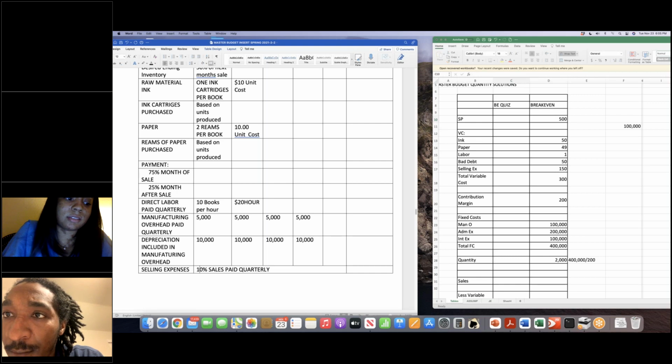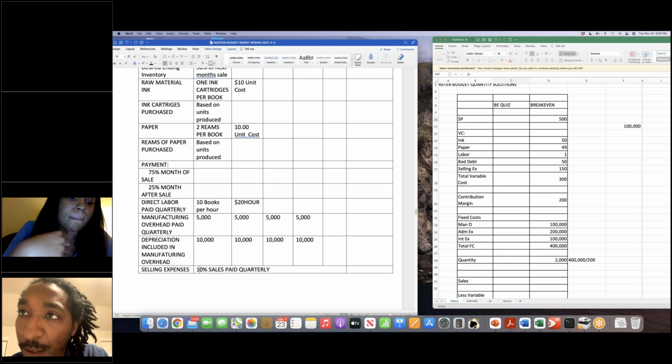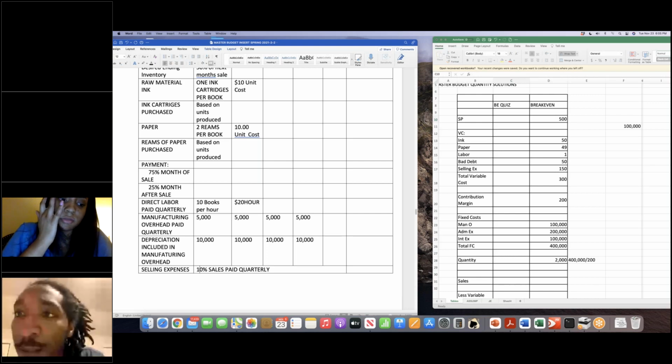Okay. And then the contribution margin is 100 minus 62, right? Correct. Okay, 38. And then you add up the total of all of the fixed costs.